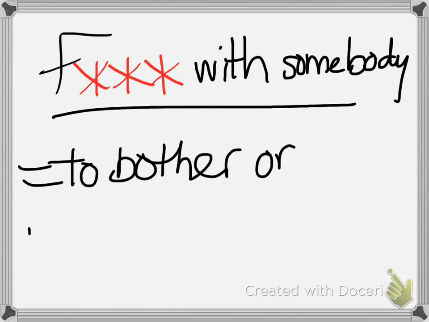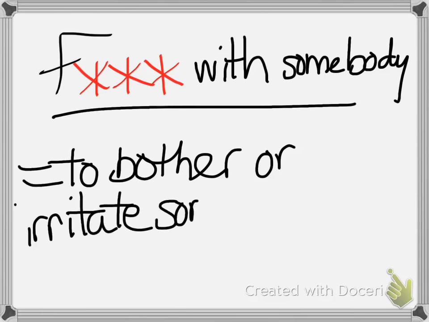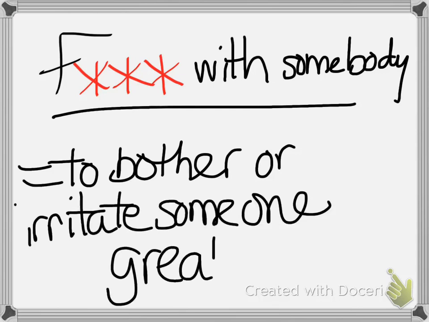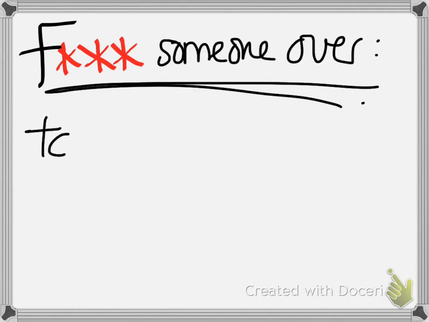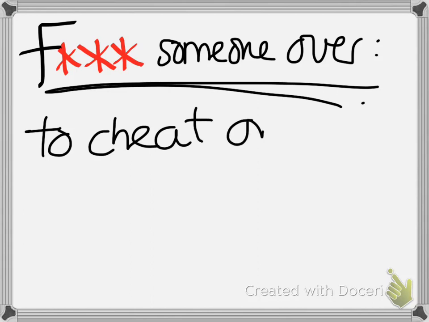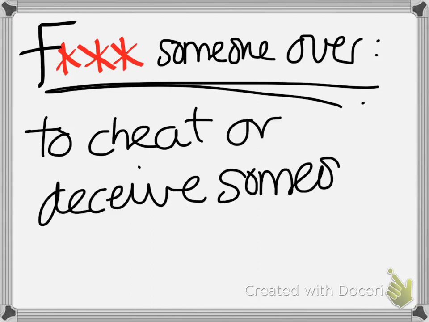I'm talking about bothering them or irritating them or not being straightforward with them. Again, there's no idea of sex in the meaning. Similarly, if I'm talking about effing someone over, it usually has nothing to do with sex. It's about money. It's about wealth, because the idea is to cheat or deceive someone.